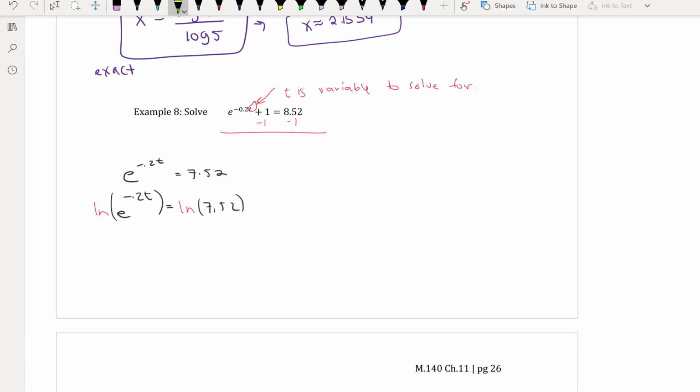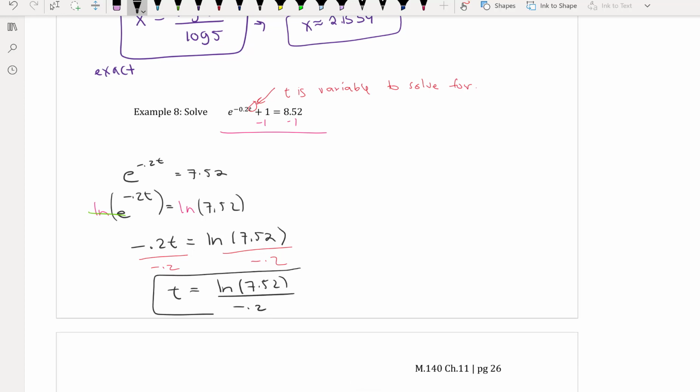And so when I do this, the ln and the e cancel, so you're left with a negative 0.2t is equal to ln of 7.52. And since that negative 0.2 is held by multiplication, to break it, we do the opposite. The opposite of multiplication is division. So now I'm going to have t is equal to the ln of 7.52 divided by a negative 0.2. And that is my exact answer.